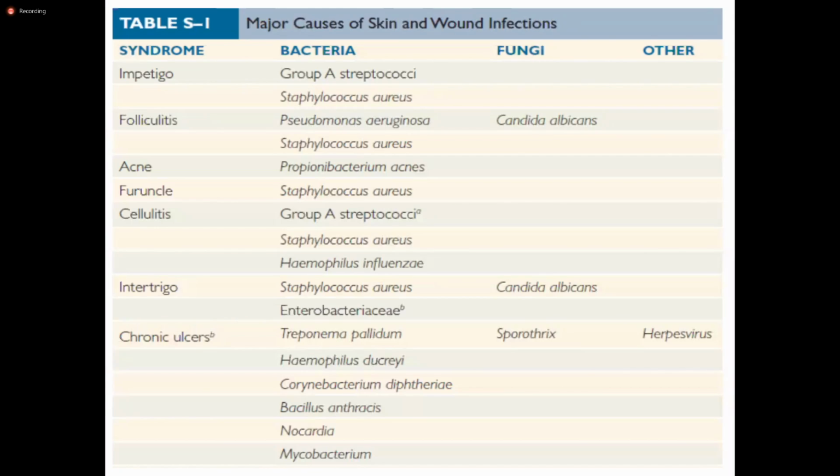Now, this table is very important, and I would like you to know only the first microorganism, the leading and most important microorganism, in skin and wound infections. Fungi and others are rare conditions. So impetigo is caused by group A streptococcus, mainly.